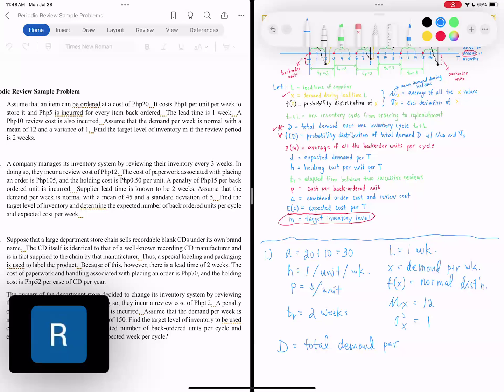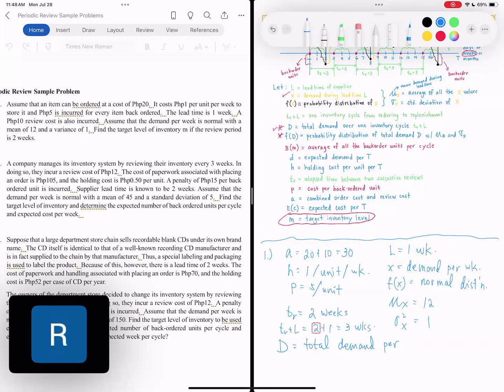TR plus L is equal to, TR is 2 and L is 1. So 2 plus 1 will be equal to 3 weeks.